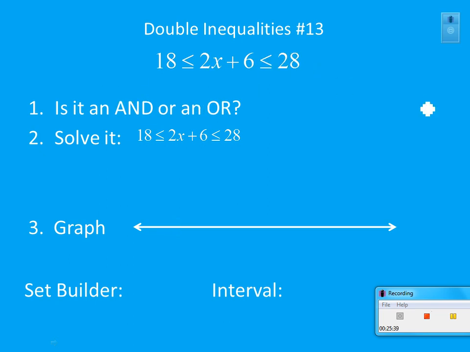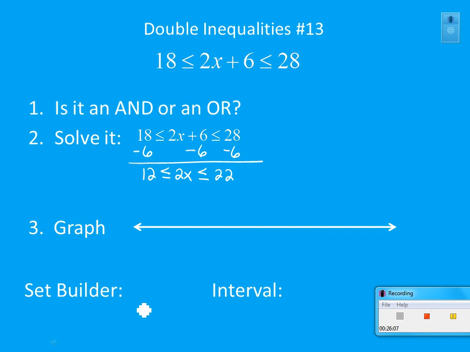Solving is the easy part. There's two equations here, so we're just going to solve two equations at the same time. I need to get this x in the middle all by itself, kind of like we had on the other examples. So I'm going to subtract 6 from all three sides. 18 minus 6 is 12, is less than or equal to 2x, less than or equal to 28 minus 6 is 22.